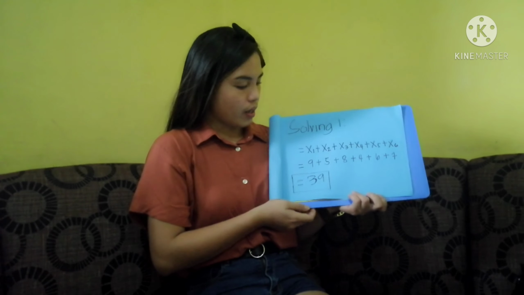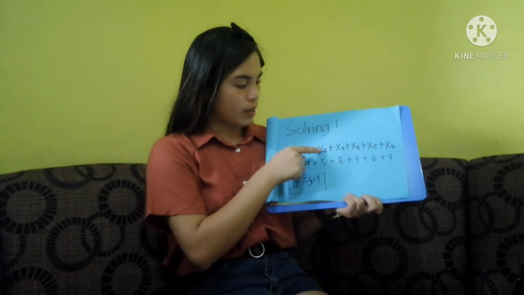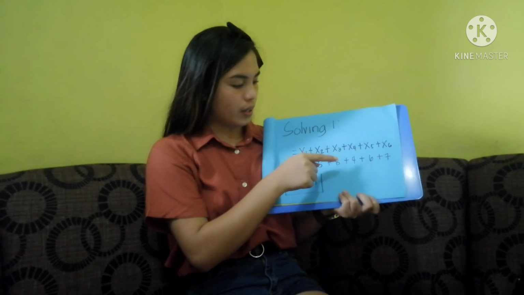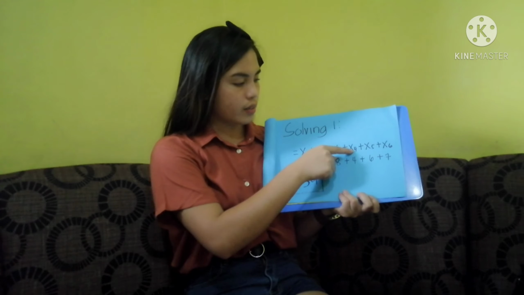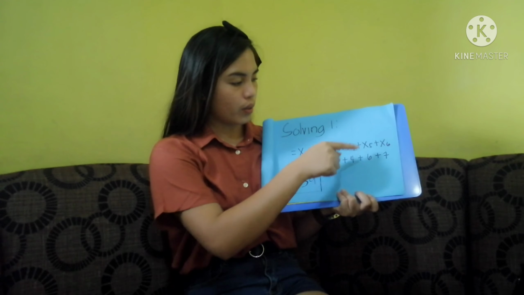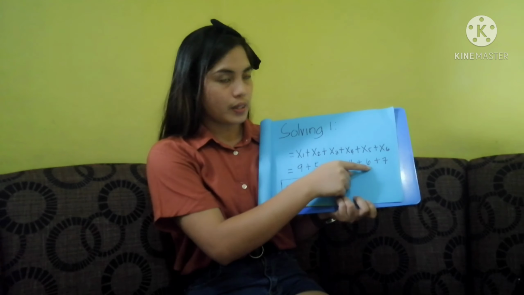Next, copy the values: x sub 1 is 9, x sub 2 is 5, x sub 3 is 8, x sub 4 is 4, x sub 5 is 6, and x sub 6 is 7.